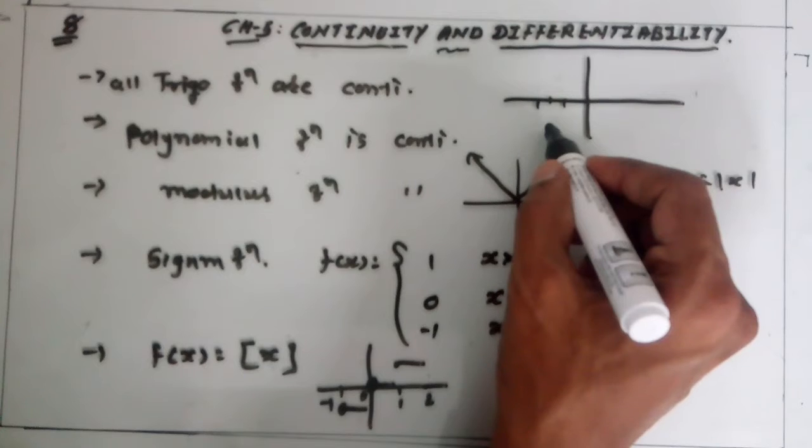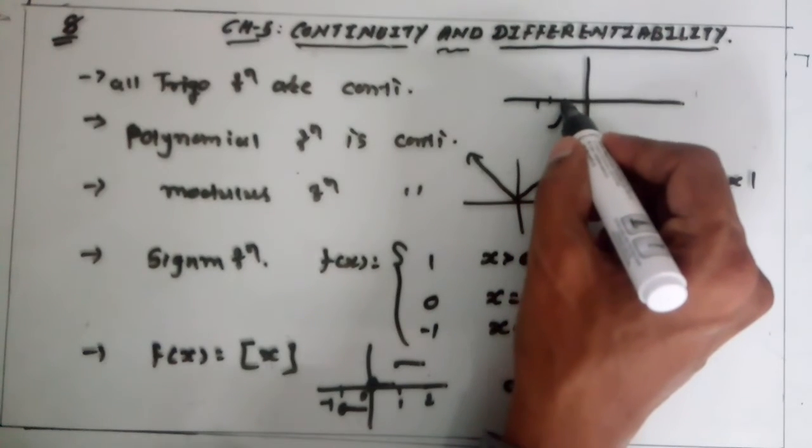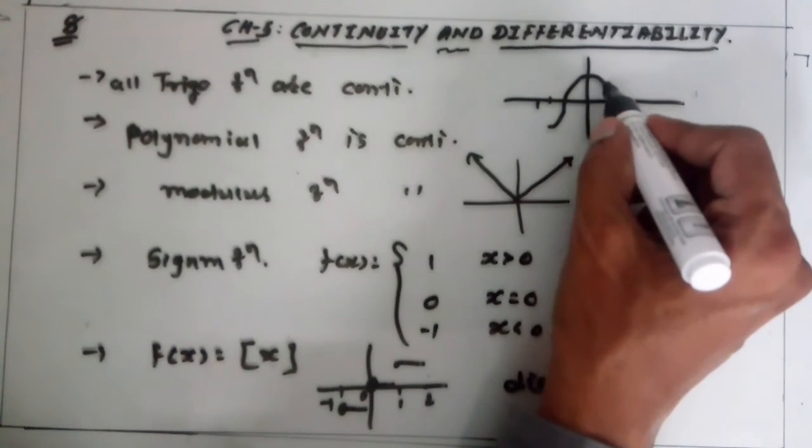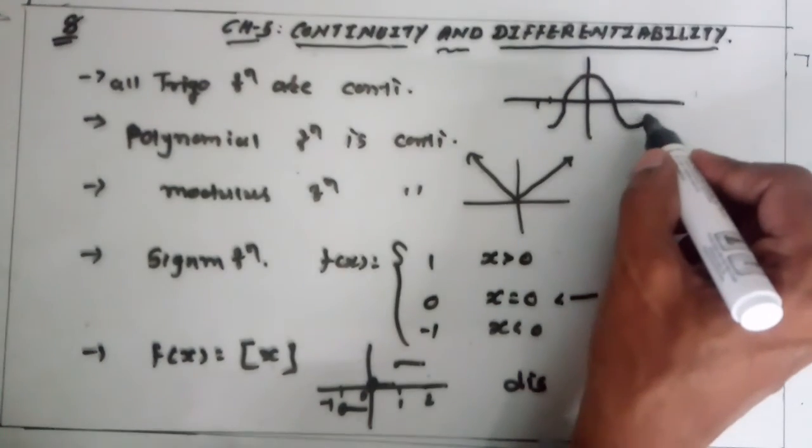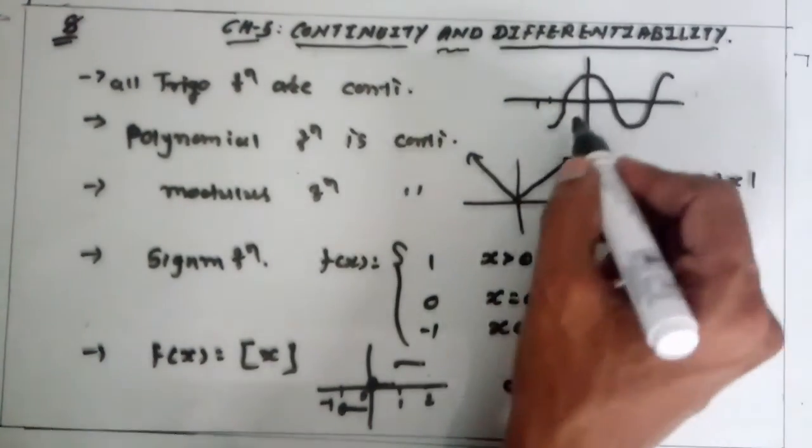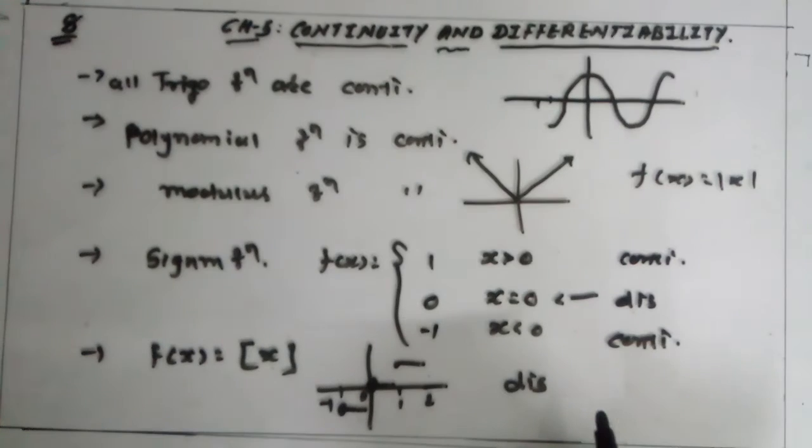So we get this type of graph. Clear? Continuous. So if the graph of a function can be drawn without lifting the pen, then the function is continuous. Secondly, limit x tends to c, f(x) is equal to f(c), then the given function is continuous at x is equal to c.